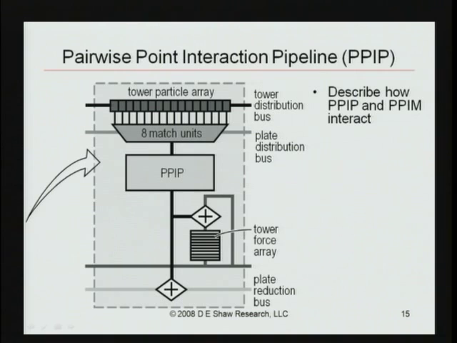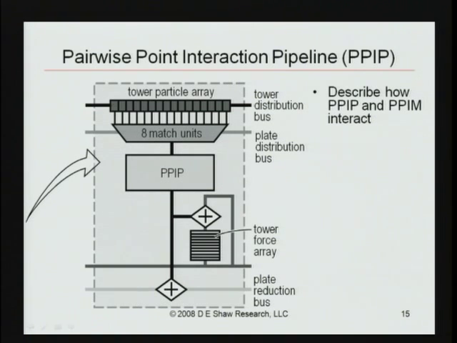So the pairwise point interaction pipeline starts out at the top with a particle array and a match unit that is used to find pairs of particles that can interact with each other. Only particles within a certain distance of each other interact, and the match units take 8 pairs at once and look for ones that are close enough to want to interact, and then send one down to each PPIP each cycle.